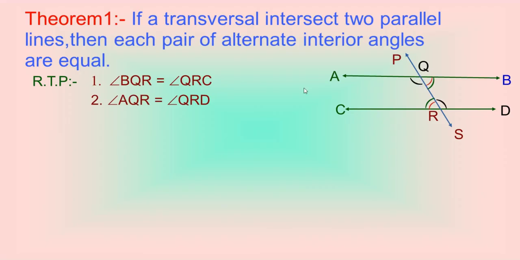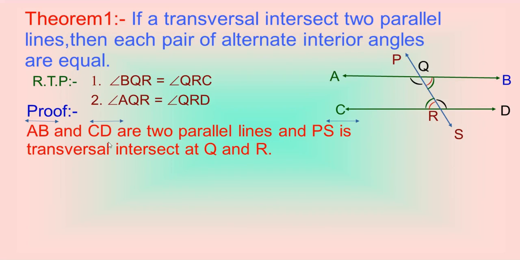We have to show these two pairs of angles are equal, given AB and CD are parallel lines and PS is a transversal intersecting at Q and R.